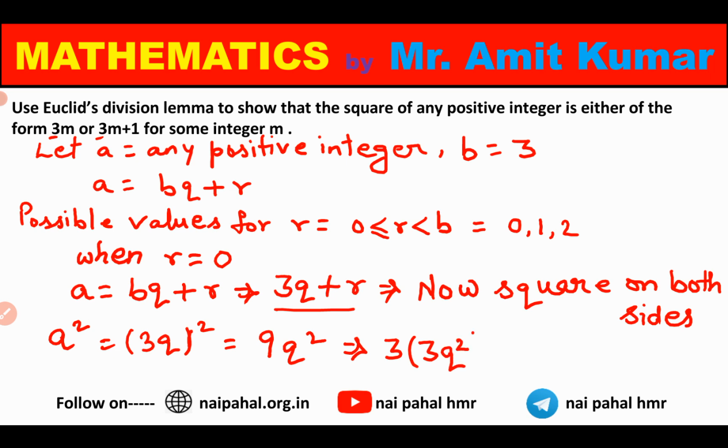Here 3q square is an integer, let it be taken as k1. So we can write it as 3k1, or we can also take it as 3m, where m and k1 are integers.